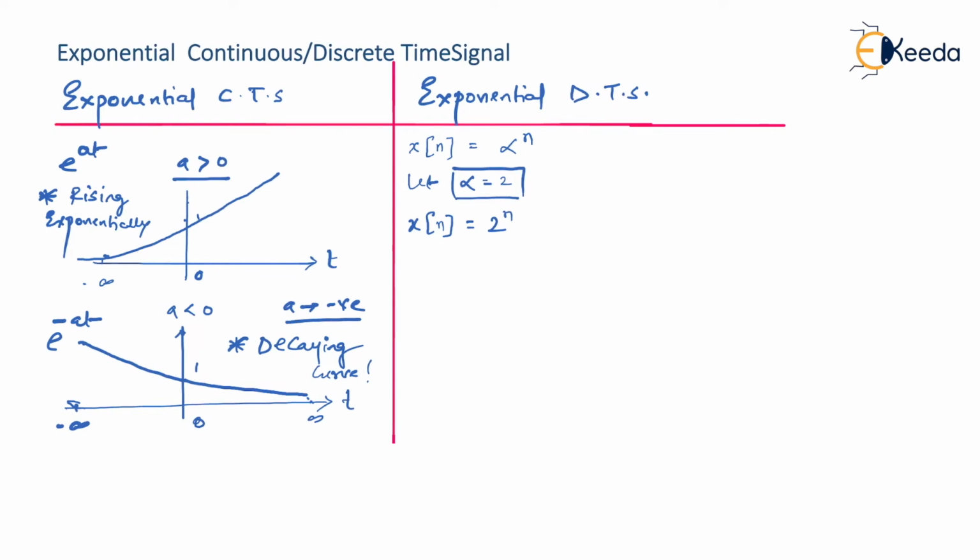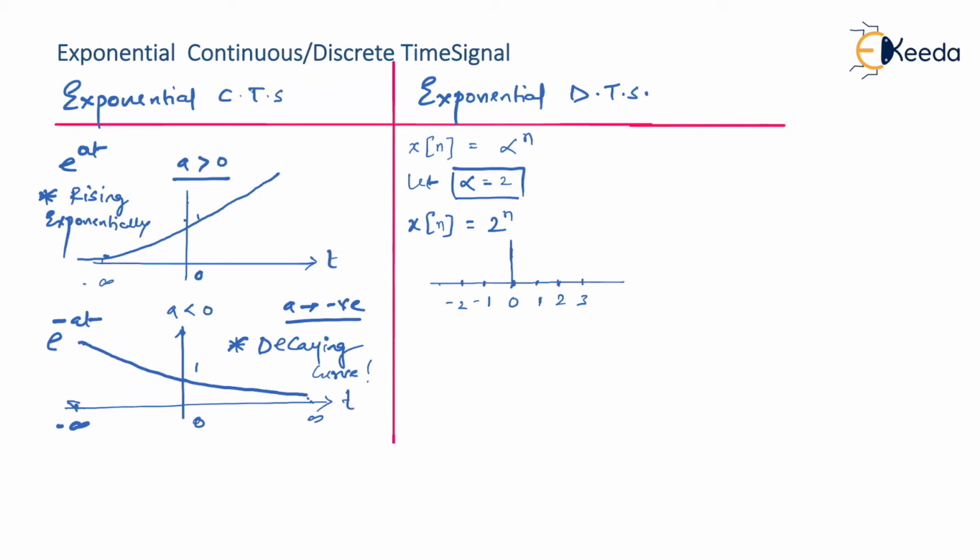And now let us start plotting this 2 to the power n curve. So we can have n equal to 0, 1, 2, 3, or minus 1, minus 2, and so on. Let us start with n equal to 0. When I substitute n equal to 0 in 2 raised to n, it becomes 2 to the power 0, and 2 to the power 0 will be 1.